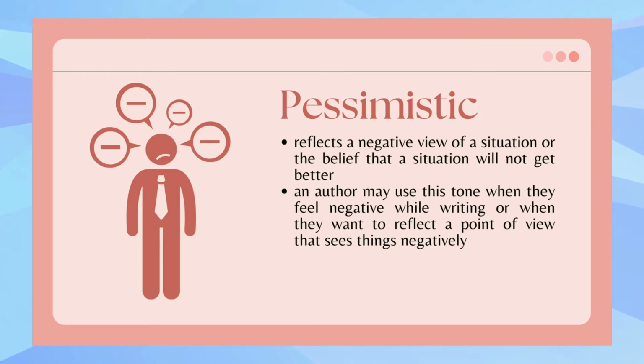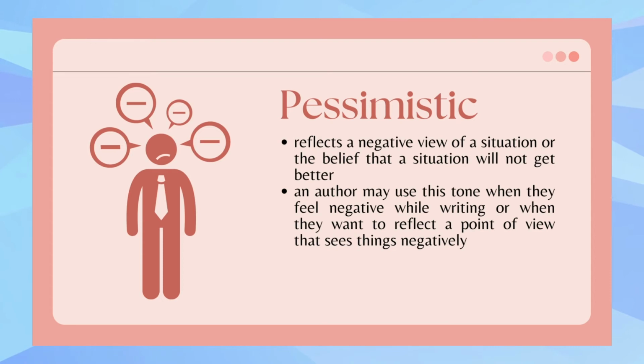So this tone reflects a negative view of a situation or the belief that a situation will not get better. So pessimism is not realism, but an author may use this tone when they feel negative while writing or when they want to reflect a point of view that sees things negatively.